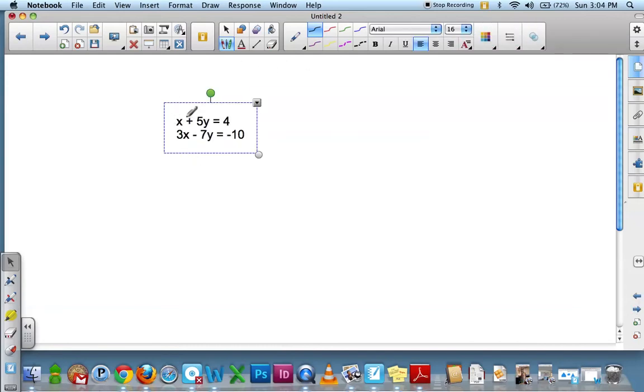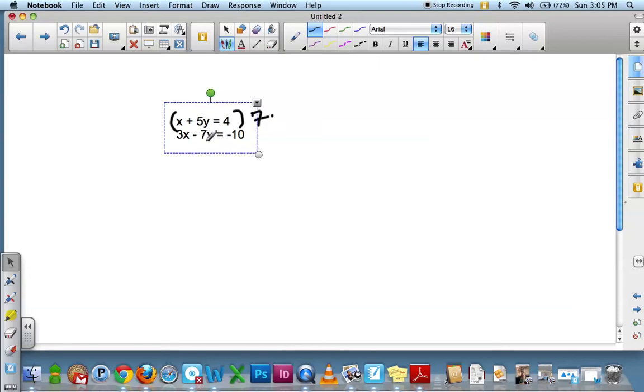So I've got one more for us to try together. Here we've got x plus 5y equals 4 and 3x minus 7y equals negative 10. In this case, I can do a couple of things, and I'm going to complete this problem this way. I'm going to take the first equation and multiply it by 7 because I want to make the y's the same.